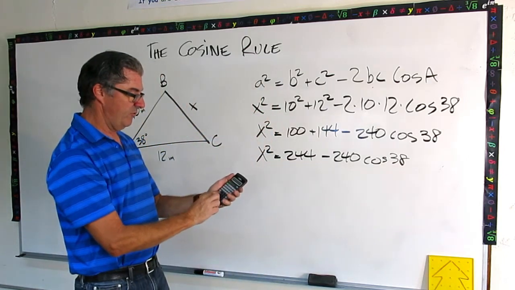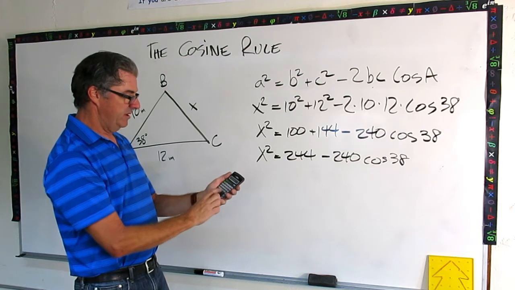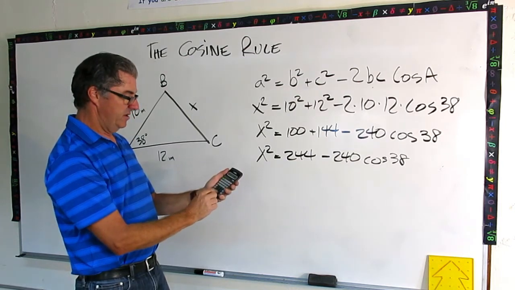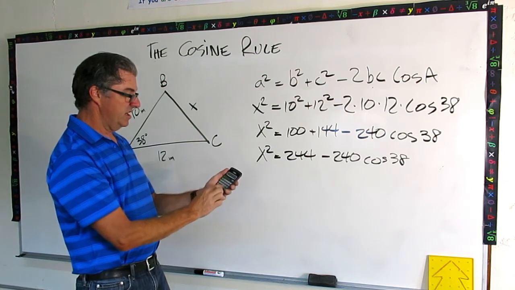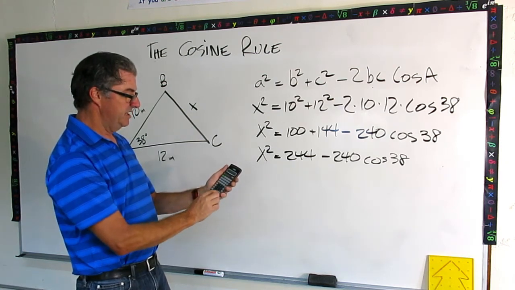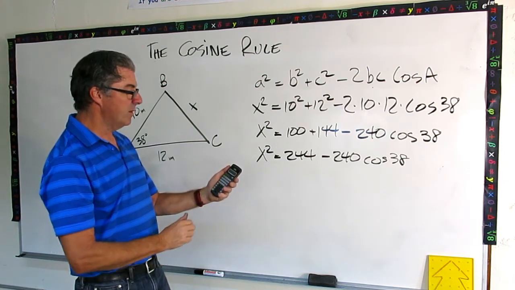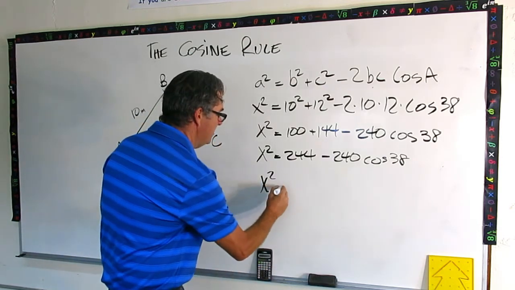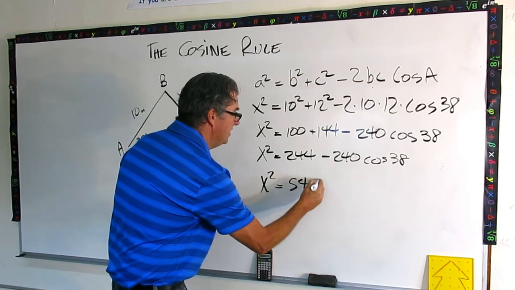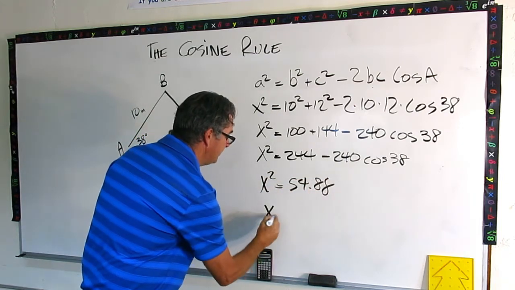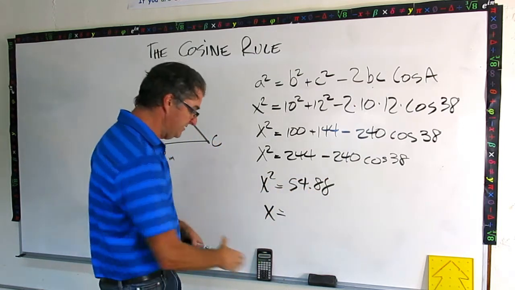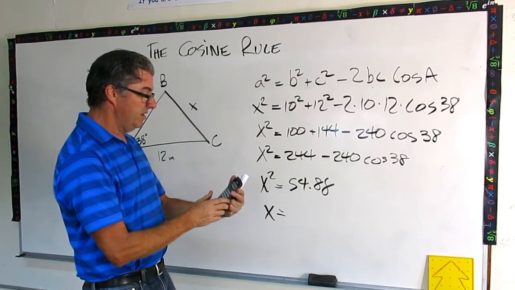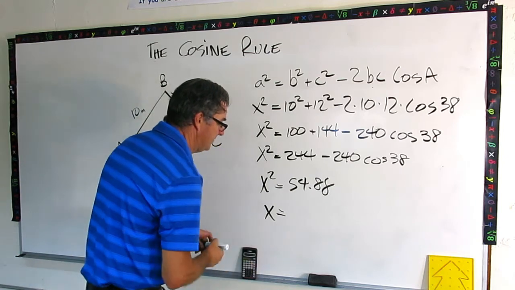So that's 244 minus parentheses 240 times 38 cosine, close my parentheses, hit my equals. I got 54.88. So x squared equals 54.88. So now I just have to take the square root to get my answer. This number is still on my calculator, so I'm just going to tap the square root and I get 7.4.